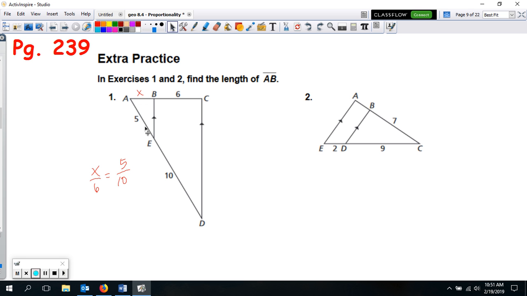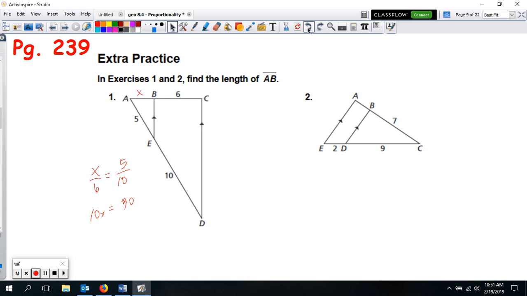The tops here come from the same piece, from the corner to the first parallel mark. The bottom ones here are from the next ones, from this parallel mark to the next parallel mark. 6 and 10 come from that one. So you have to make sure that our proportion is set up consistently. And then just cross multiply here to solve for x.